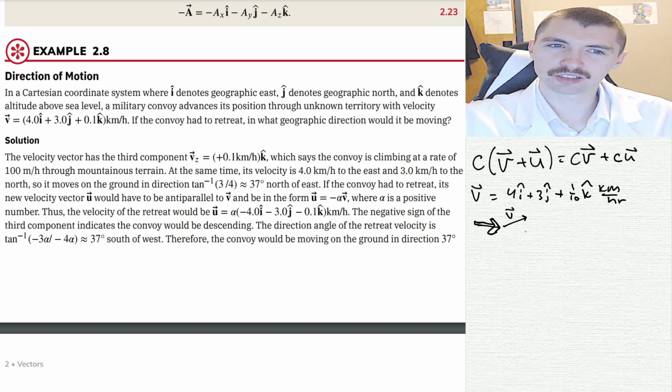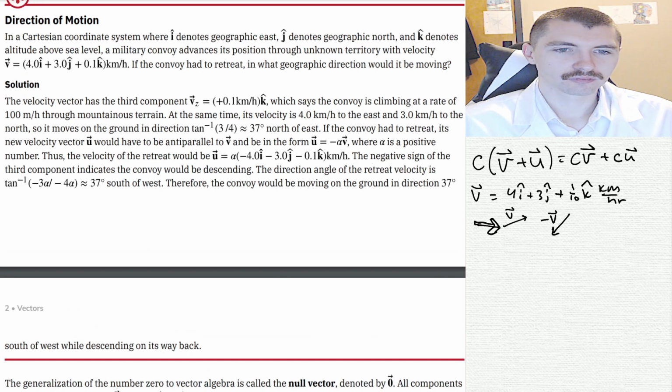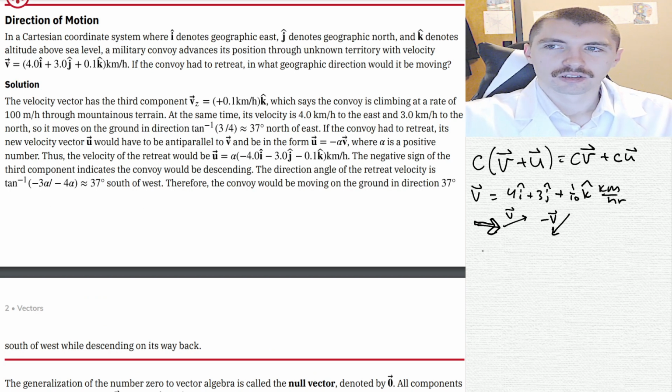So it's asking in what direction it would be moving when the retreat order is called, or is it asking if it's going anti-parallel? What is this direction?